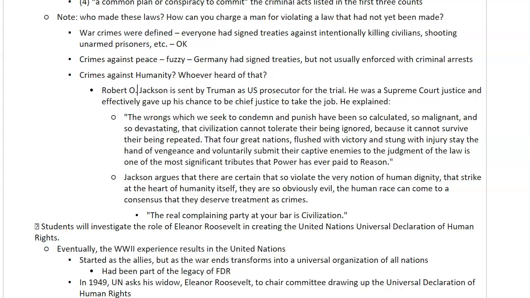Jackson's argument is that there are certain acts that so violate the very notion of human dignity, that strike at the heart of humanity itself, they are so obviously evil, the human race can come to a consensus that they deserve treatment as crimes.